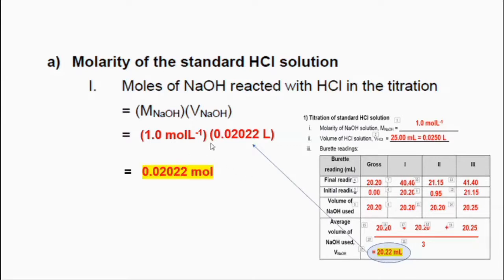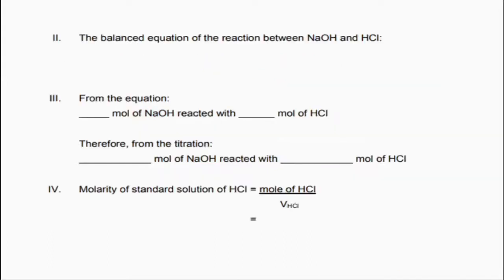And then we calculate this, and we get the moles of sodium hydroxide reacted with the hydrochloric acid solution: 0.02022 moles.